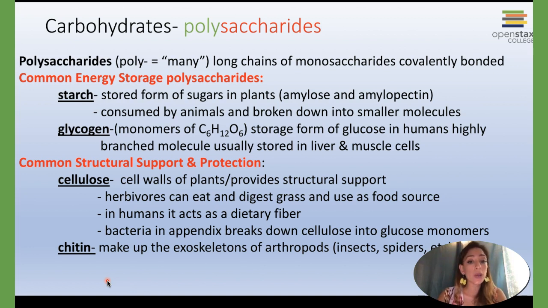Herbivores such as cows have about 4 different stomachs, so they can digest this cellulose and use it as a food source, whereas humans don't have the capability of digesting this. So for us, when we ingest it, it acts more like a dietary fiber, because it just goes straight through.